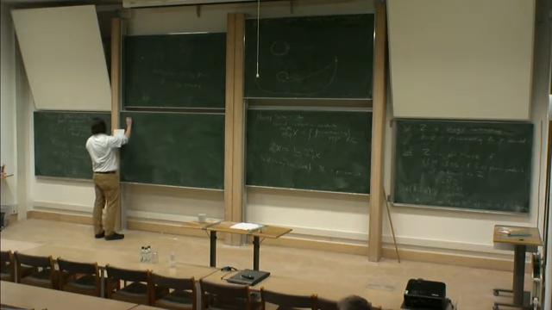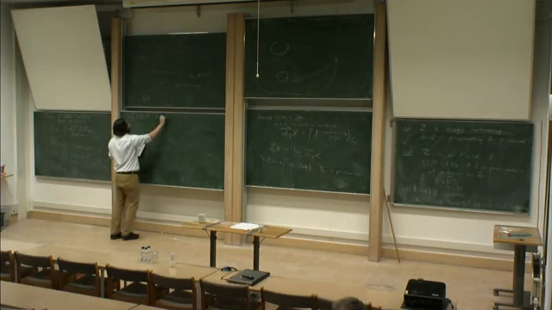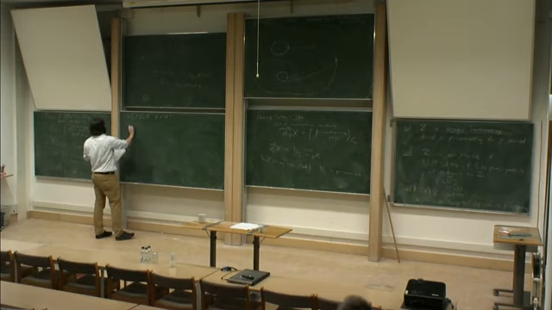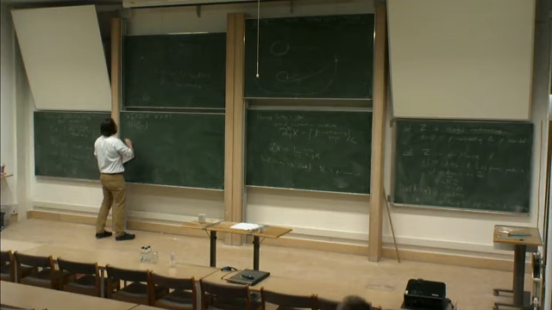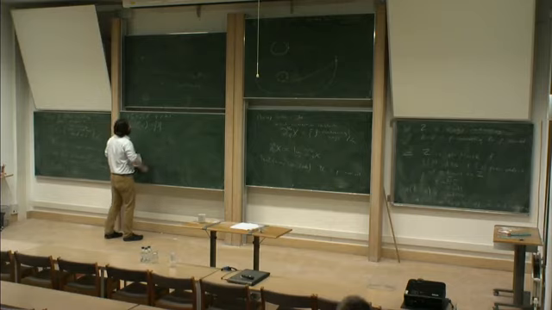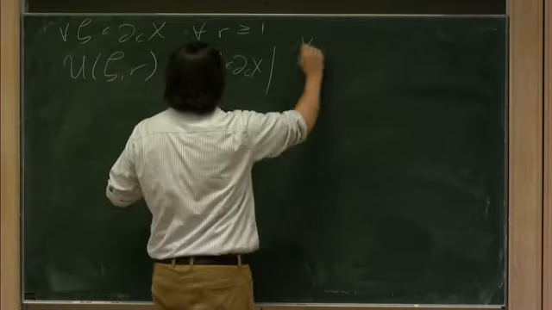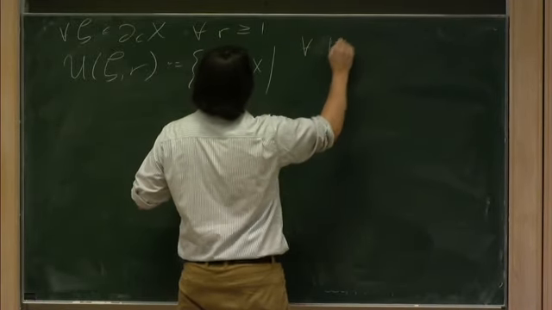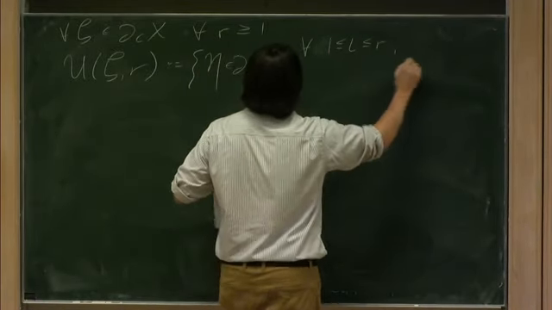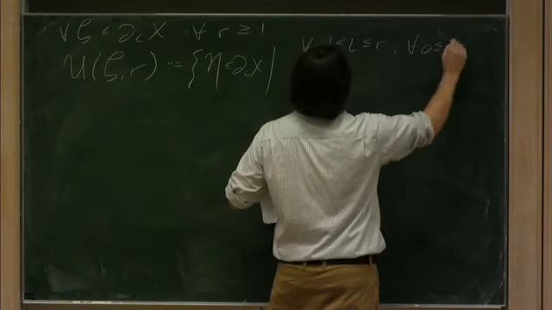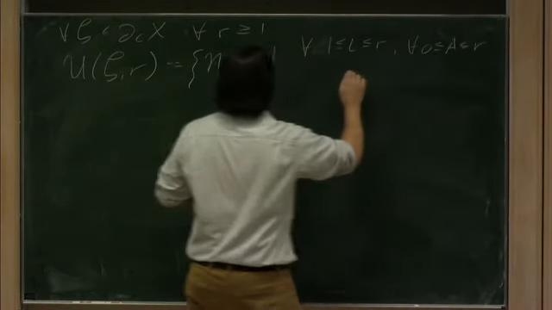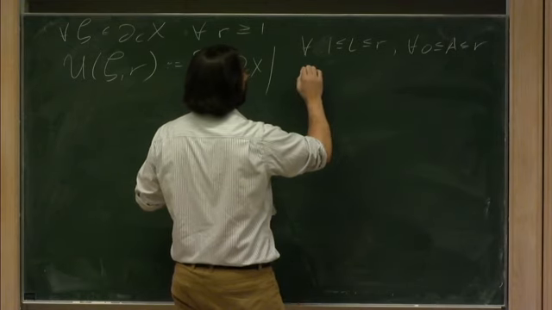Okay, so for every zeta in the contracting boundary, and for every r greater than or equal to 1, define the set U of zeta of r to be the other points theta in the contracting boundary such that for all... all right, so this is going to be complicated, and then I'll explain it once I'm done writing.